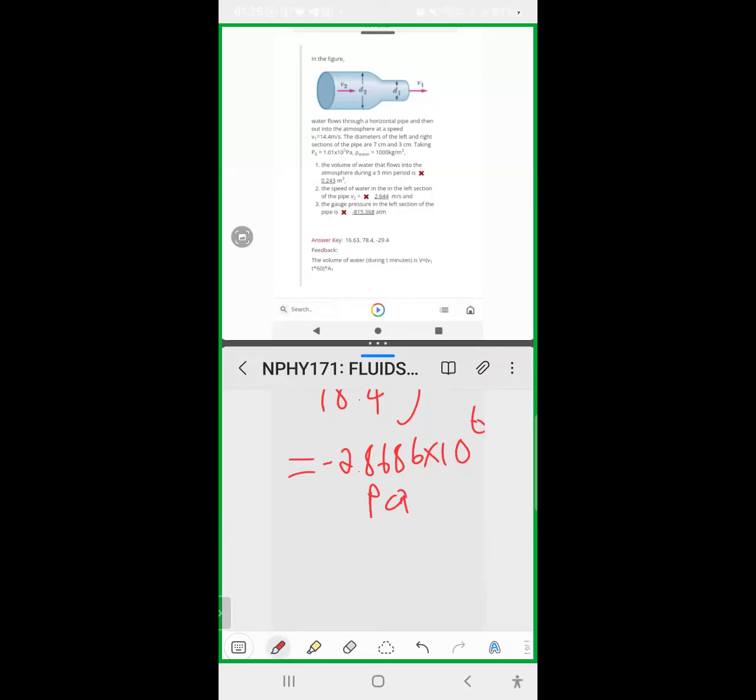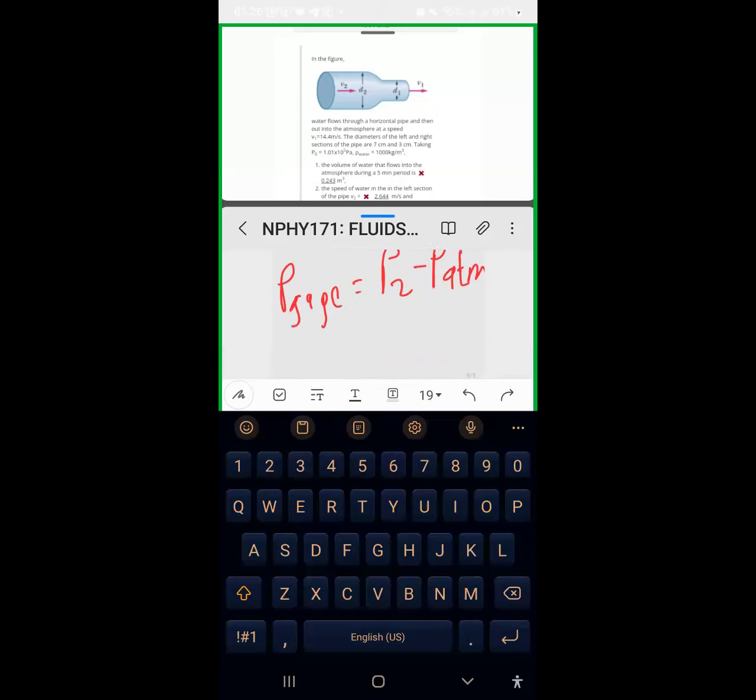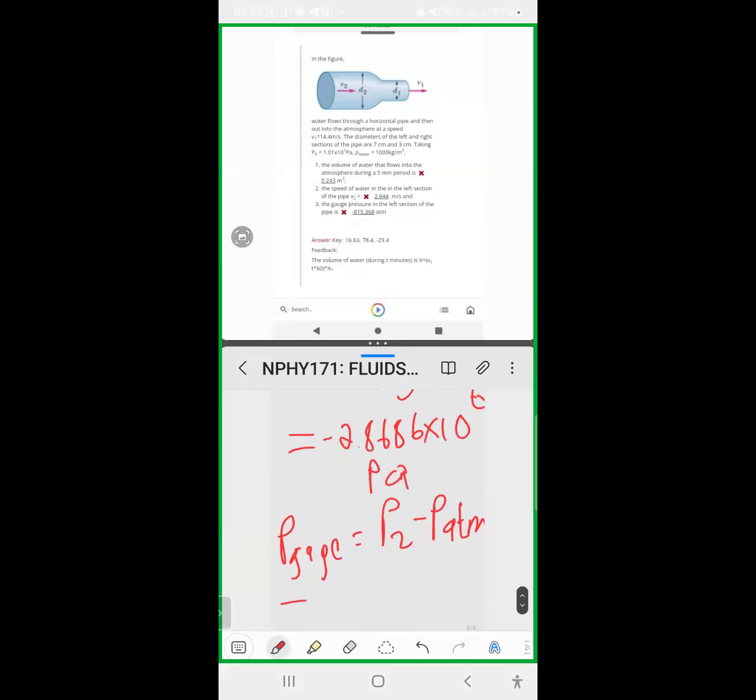Now we can continue and find our P gauge on the left section. The P gauge on the left section will be given by P2 minus the atmospheric pressure. So our P gauge is equal to what is our P2?